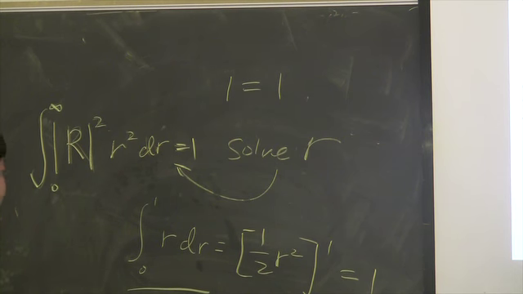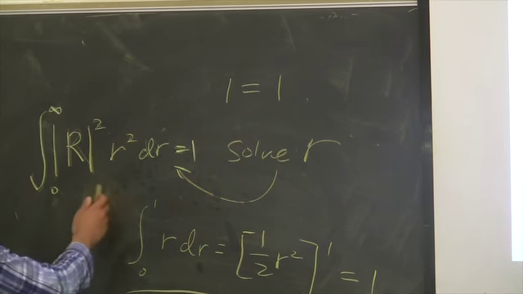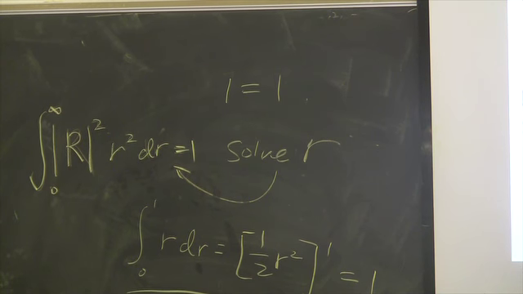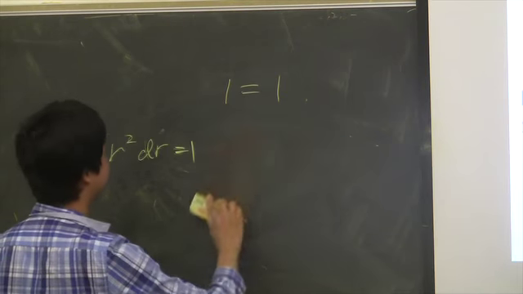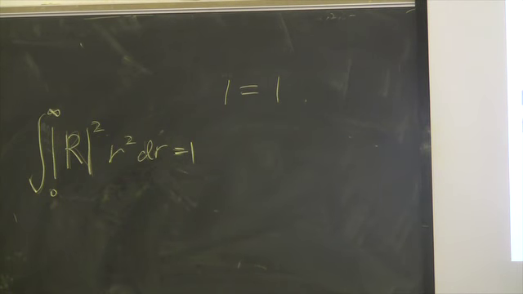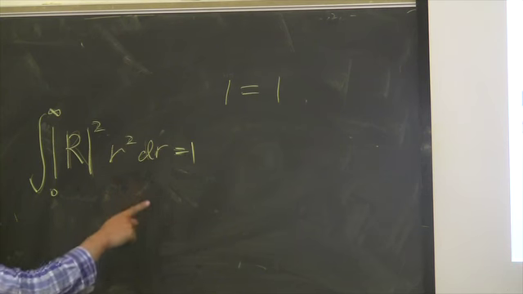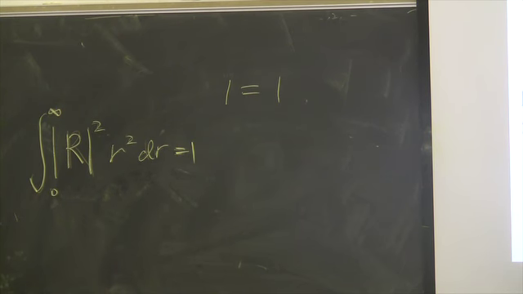Then how can we modify it a little bit in order to make it work? The first thing we need is to get rid of the integral. d tau instead of dr. No, you already have d tau: r squared dr, that's d tau for the r part. The first thing we need to do is get rid of the integral, right?